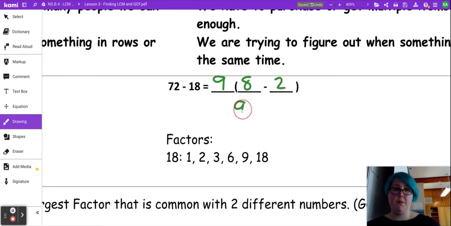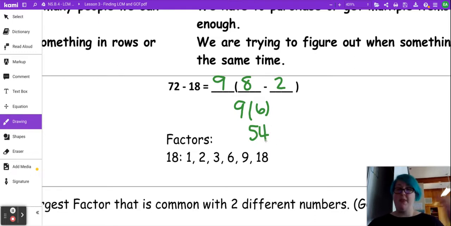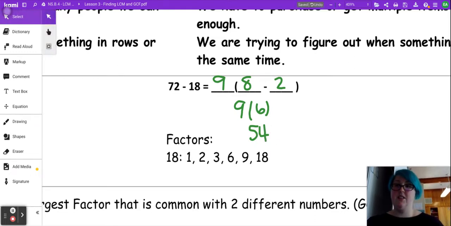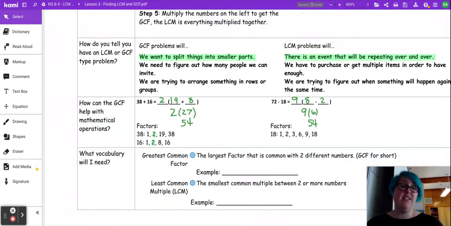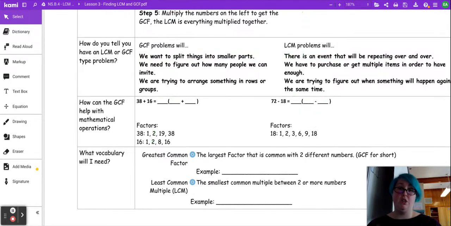So then we come up with a problem where it's 9 times 6, which I don't know about you, but I know my nines tables. That's way easier to come up with 54 than to try and do 72 minus 18. So this is not something that you have to do, but I'm just trying to show you that this is a tool, like many things we do in math, that you can use to solve these problems.